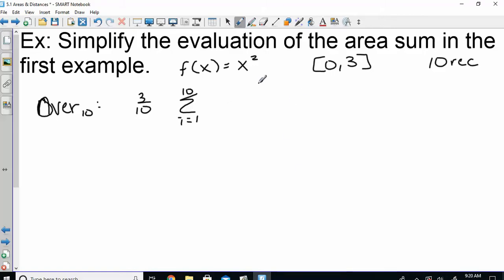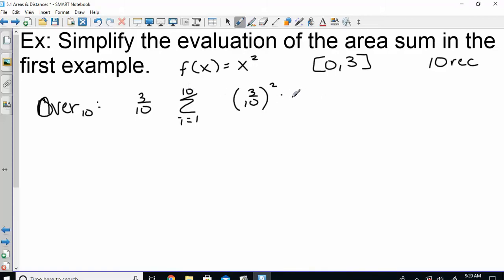Okay. You're on the right track. You're close. When we plug this in, we're going to have to square it, right? So we have to end up doing that 3/10 or the 0.3 squared. But that's just the first one, and I have to do all 10 of these, right?